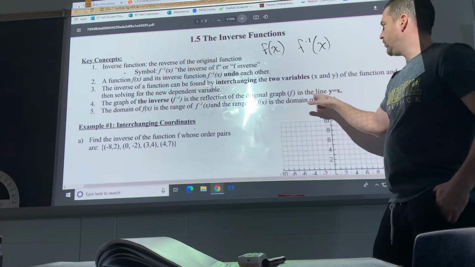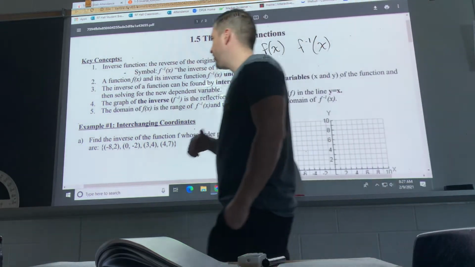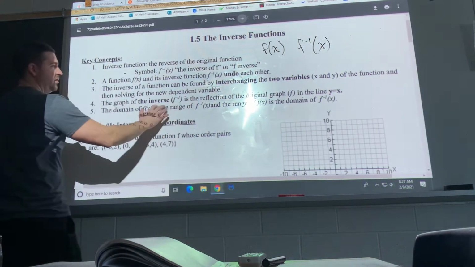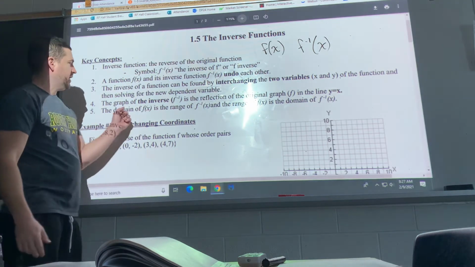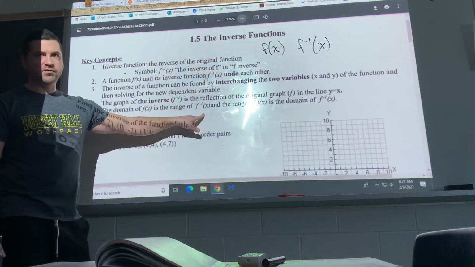Another side note is the graph of the inverse function is the reflection. It reflects over y = x, and I'll show you that in a graph. But a very, very important point here is the domain of the function is the range of the inverse.